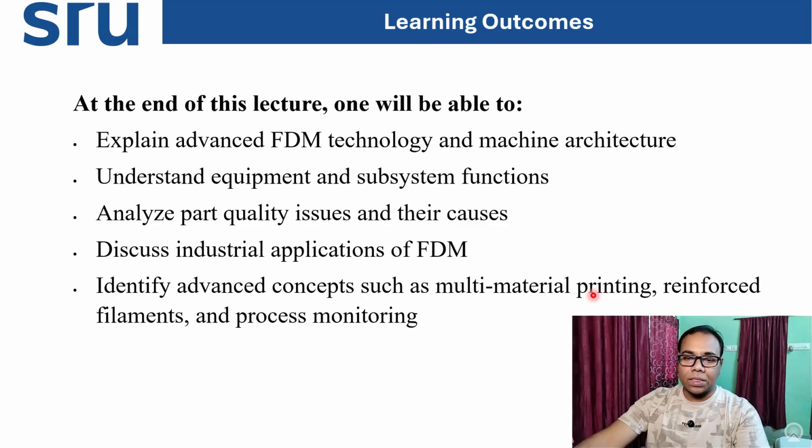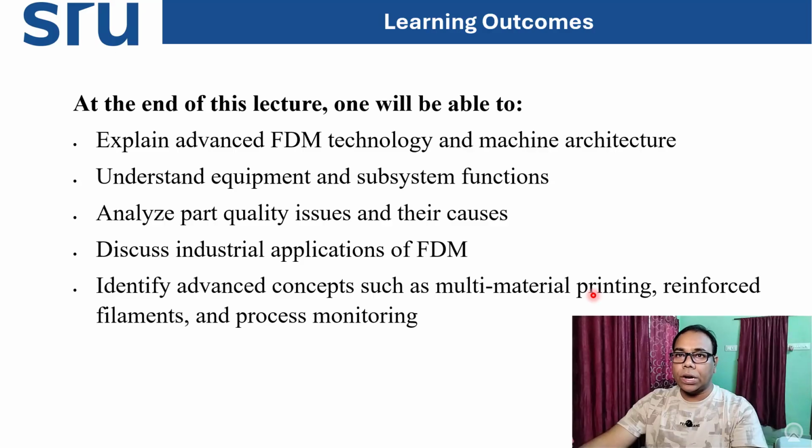Industrial applications of the FDM process will also be discussed in today's session. After that, one will be able to identify advanced concepts such as multi-material printing. In that case, we know how to manufacture, like, 3D printed composite material.